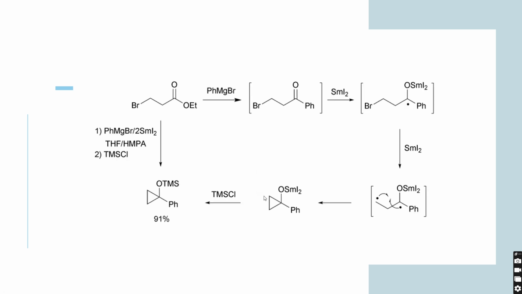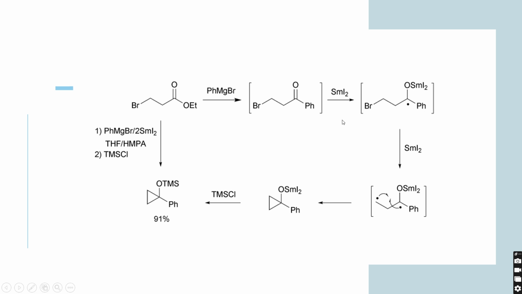So the reaction follows this pathway where at first the Grignard reagent will attack at the ester to knock out the ethoxide anion. So after the phenyl gets added to the ester carbonyl, the ethoxide will be knocked out.